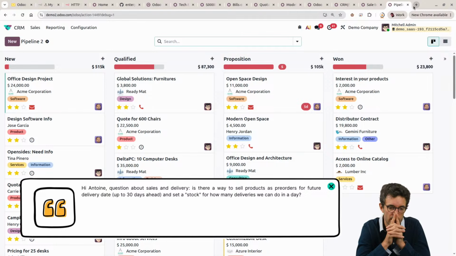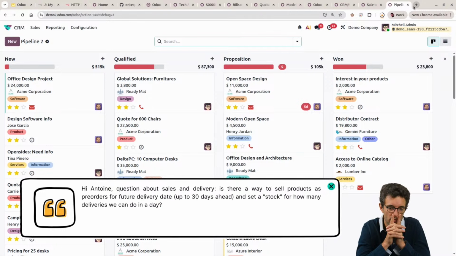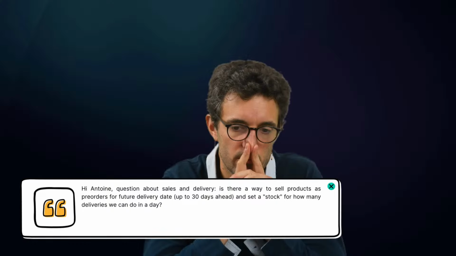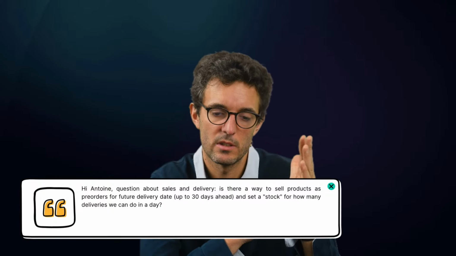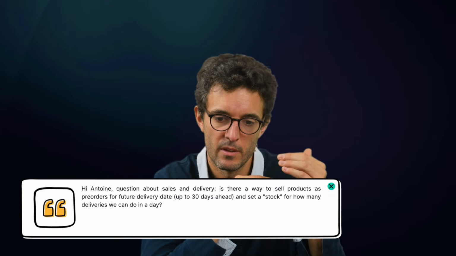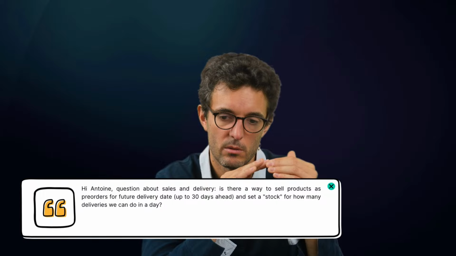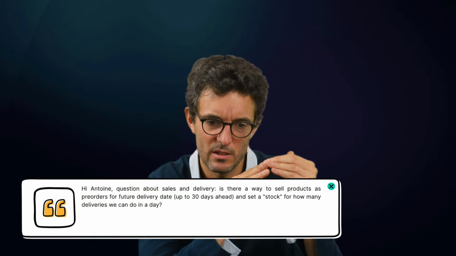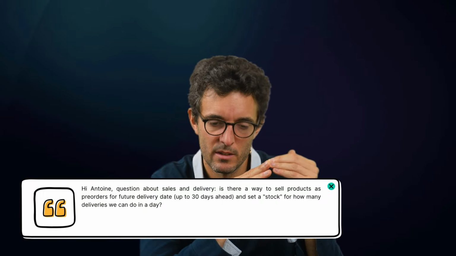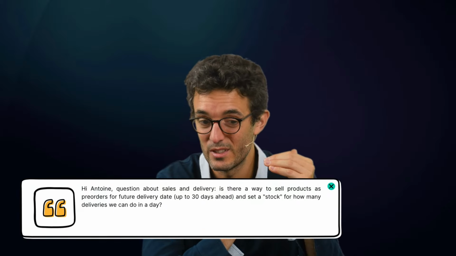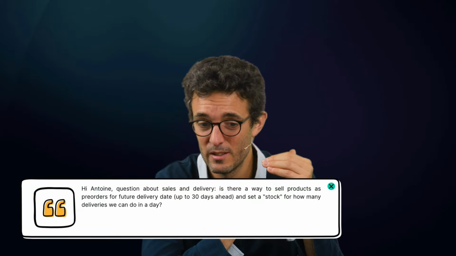I would say yes, but then we need to use different stock locations. I just want to be sure that I understand it well. You would like to have product as pre-orders without limit and another stock with maximum 30. I'm not sure that it would be it.